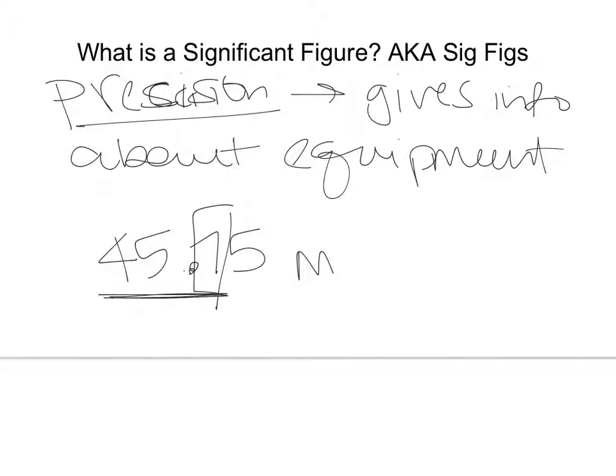Okay, so I had hash marks all the way up to a tenth, and then I noticed that the last one was right in between 0.7 and 0.8. So I guessed a half. Okay, so this tells me that this is my guess digit.